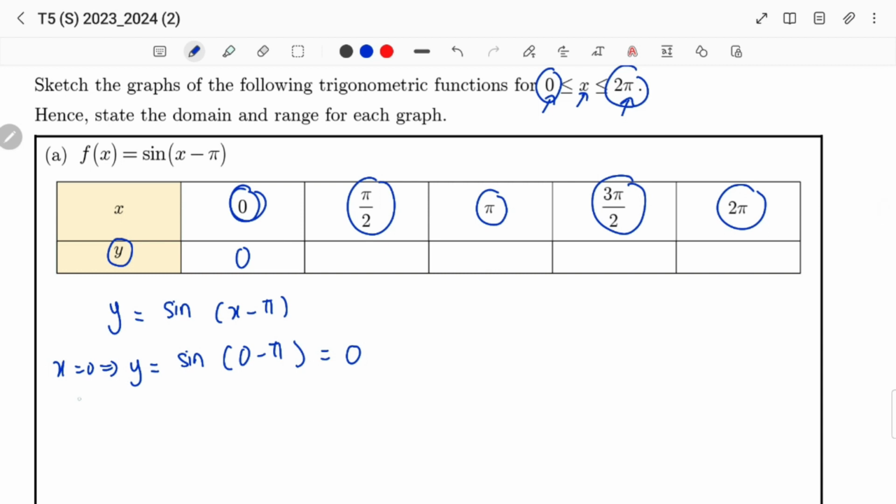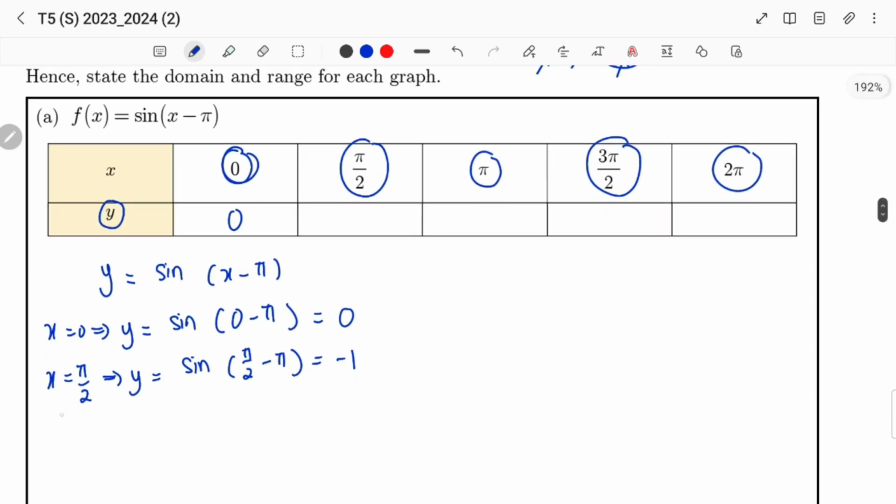I do the same thing for x equal to π/2. So y equals sin(π/2 − π). So I have −1. Next, x equals π. y equals sin(π − π), which is 0.